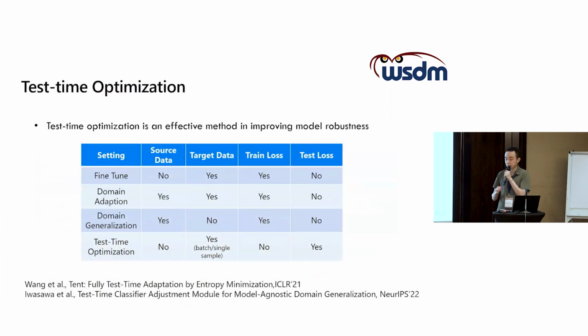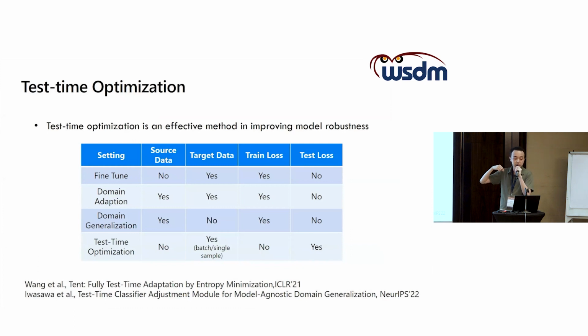Test time optimization refers to the case where, after we have a pre-trained model, based on the target domain data, which is of course unlabeled, we can utilize this unlabeled data and apply some self-supervised learning method to fine-tune the model. As such, we can adapt our pre-trained model to the target one.